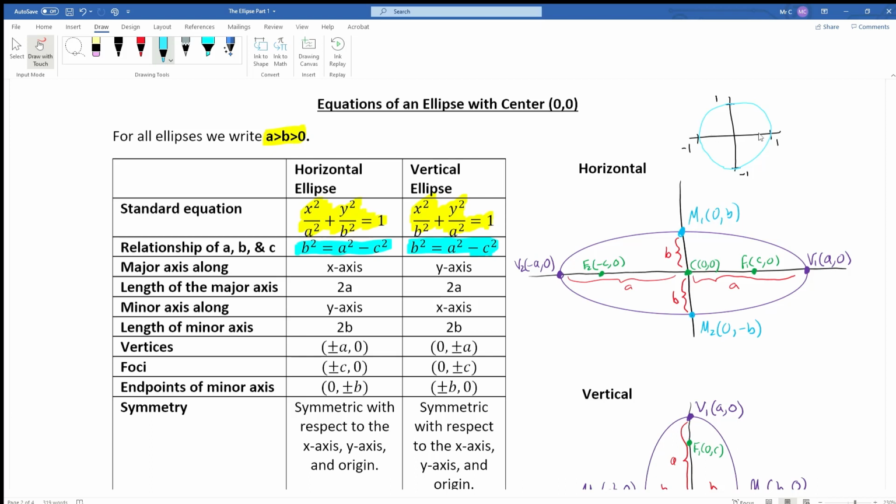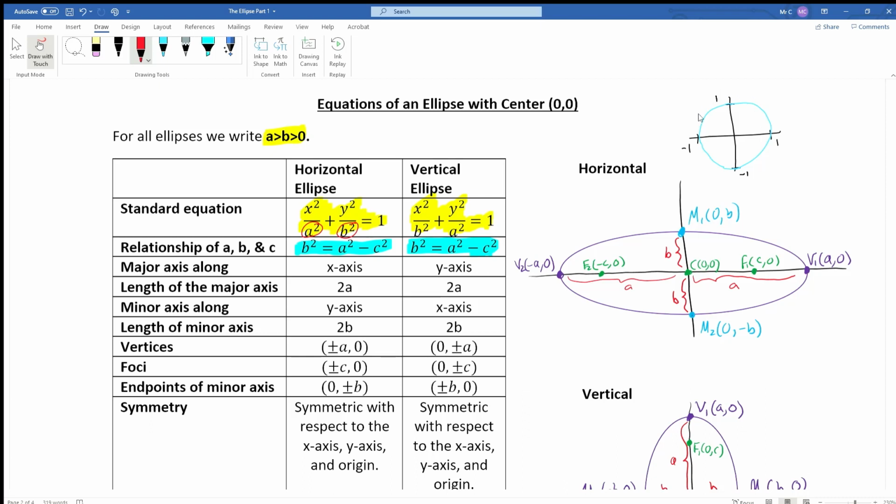And I find it helpful to imagine the equation of the ellipse takes these values, a and b, and stretches x or y respectively by that factor of a and b. I think that's a really helpful way to look at this.